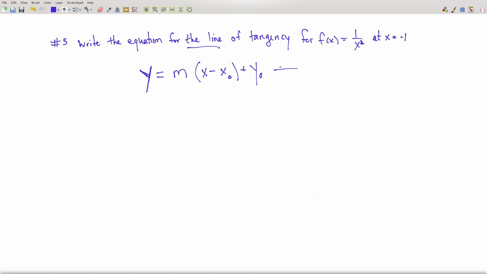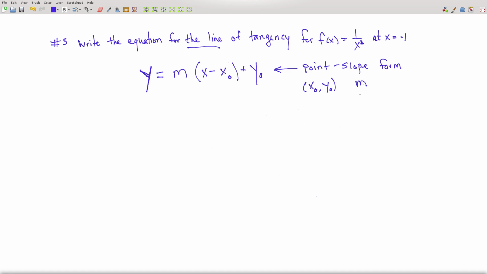In fact, this is called the point-slope form of a line, because we know both of these. The point in this case is the point x sub 0, y sub 0. Those are the coordinates of a point on the graph, and the slope is the m.